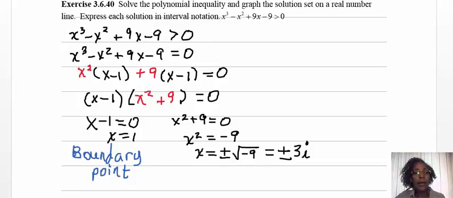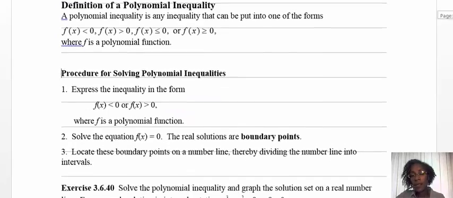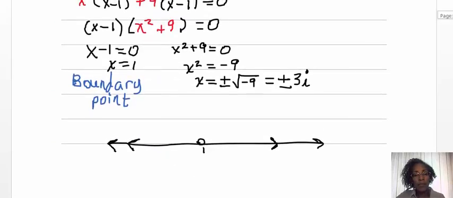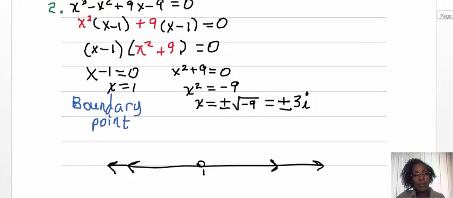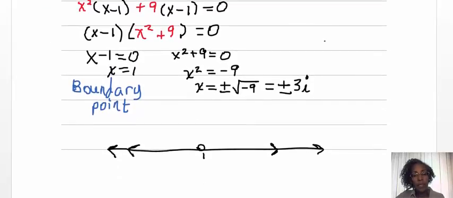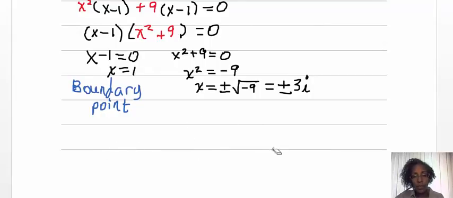So the third step in the process was for me to divide the number line around the boundary point. Let me try this again. We will take the real number line.